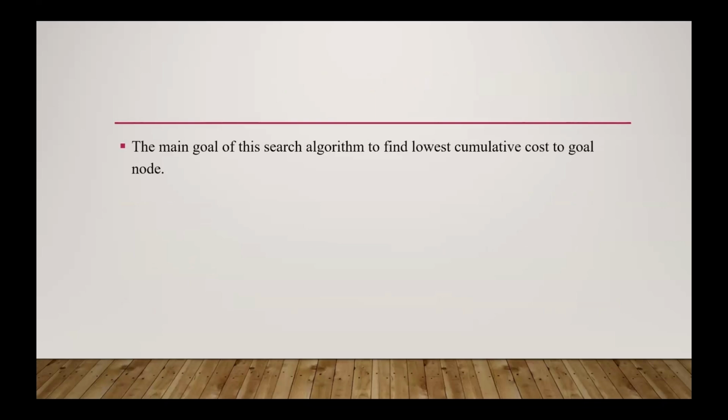The main goal of this search is to find the lowest cumulative cost to the goal node. So our objective is to find the cumulative cost, not the individual cost. Cumulative cost means the cost from the root node to that goal node. It can be treated as a breadth first search algorithm if the cost of all edges is the same.